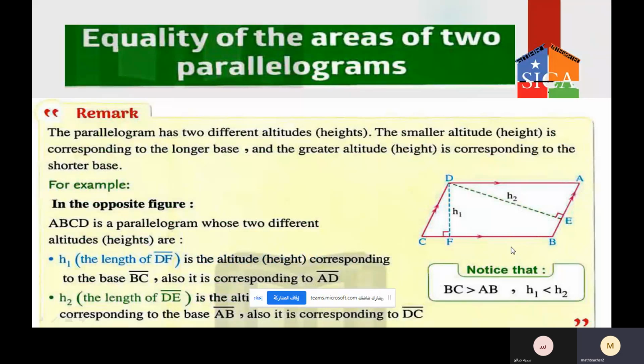Then we have two bases and two heights. The parallelogram ABCD, whose two different altitudes, heights, are H1 and H2, as we see.